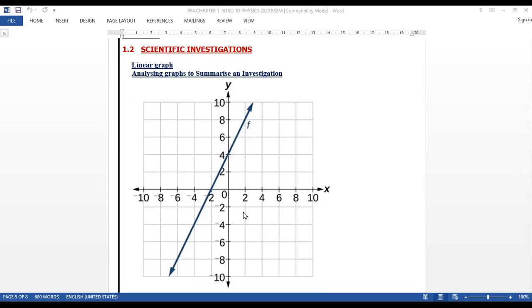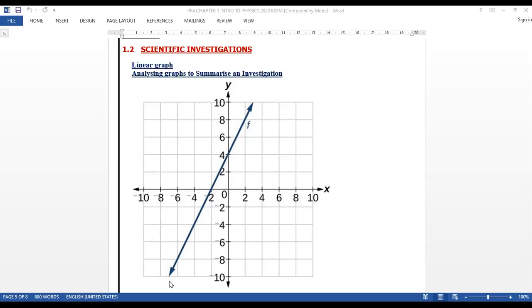Whenever we do a scientific investigation, there will be a manipulated variable, most of the time it's axis X. The responding variable, due to the changes that we make, is axis Y. So to understand a relationship, we can show it in a graph format.